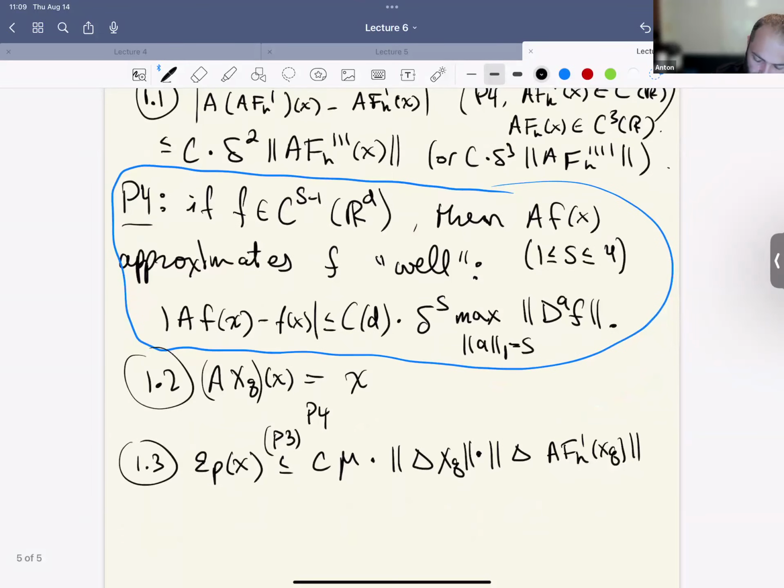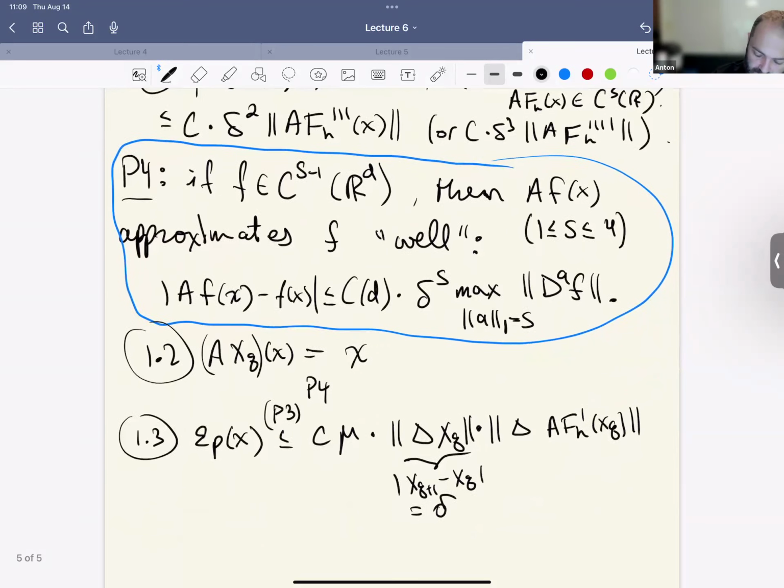Now this is simply x sub q plus 1 minus x sub q, which equals delta. Okay, so this is the difference of having one extra customer in the system, but of course everything is scaled by delta.